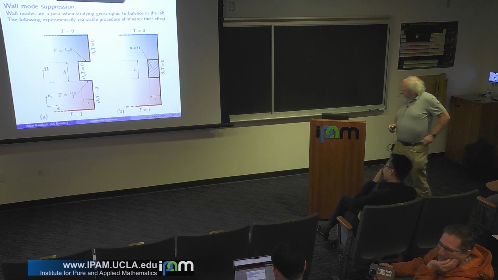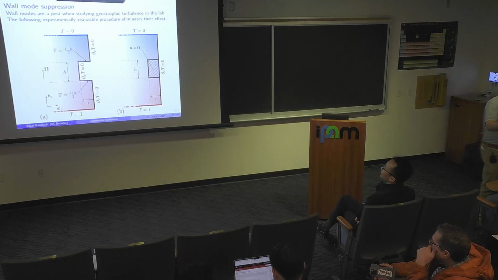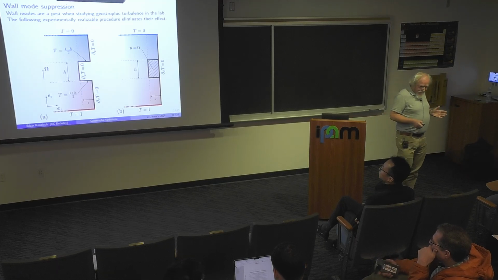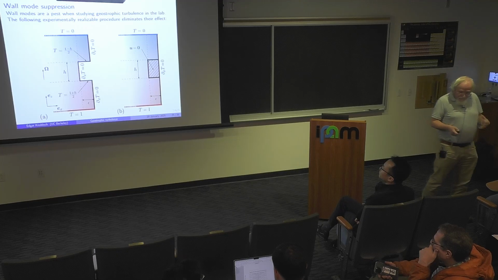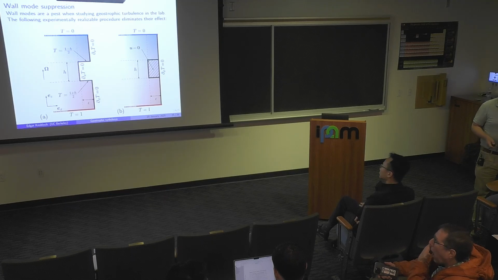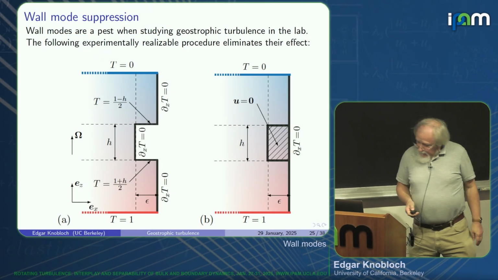So we thought, I'm motivated by Rudy's work and various other people, we knew, of course, that the wall modes are a problem. Essentially, they contaminate measurements, Nusselt number measurements, if you're trying to do measurements of Nusselt number, for example, in the geostrophic turbulence regime. We already had some discussion of this in Rudy's talk.